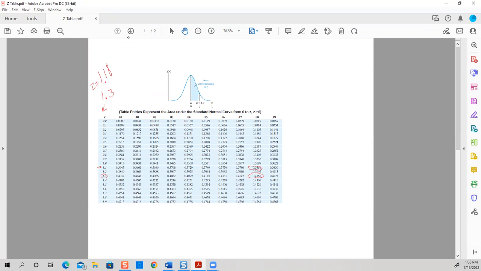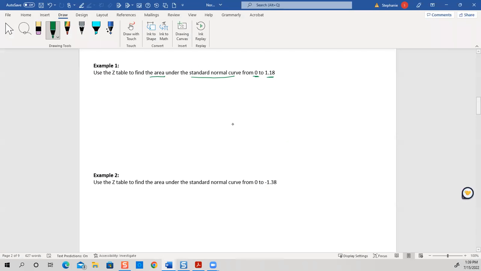What we're going to do is come down here and start underneath the z and go all the way down to 1.1. And then we're going to go across to where we find 0.08. And here we go, we have it. So the area here is going to be 0.3810.